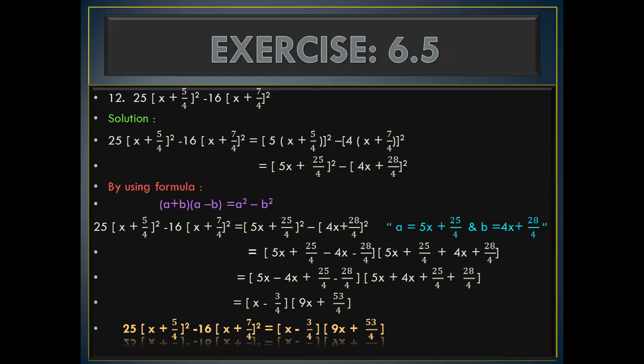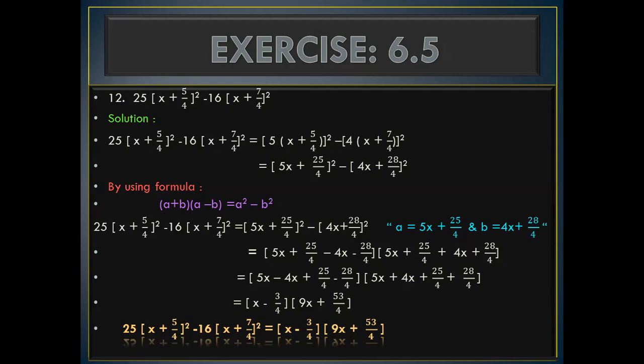Now we apply the formula A plus B into A minus B. There is no change in the first bracket, 5x plus 25 over 4, because this is before the negative sign and before the positive sign. So always there is no change in the first term. You can change the sign in the second term, second bracket.